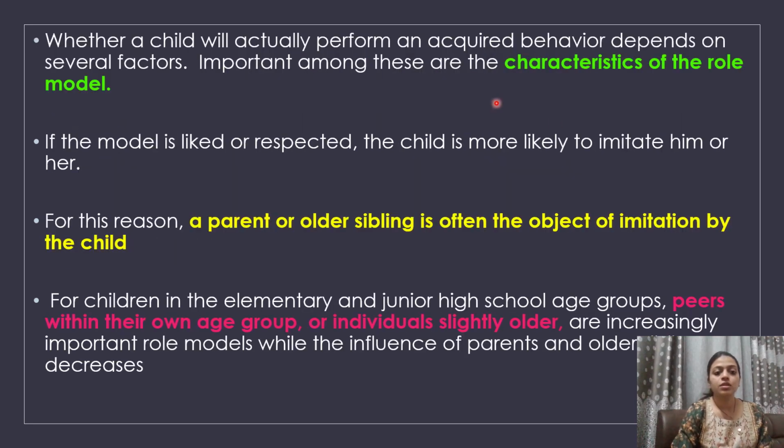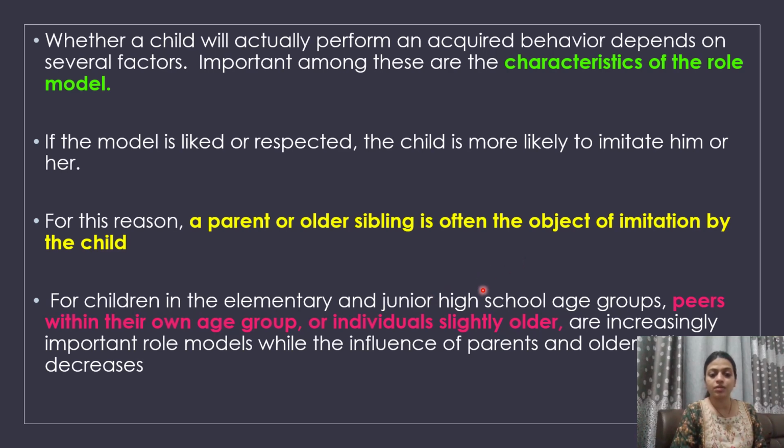Okay. So whether a child will actually perform an acquired behavior depends on several factors. Important among these are characteristics of the role model. So if the model is liked or respected, the child is more likely to imitate him or her. For this reason, usually a parent or an older sibling is often the object of imitation by the child.